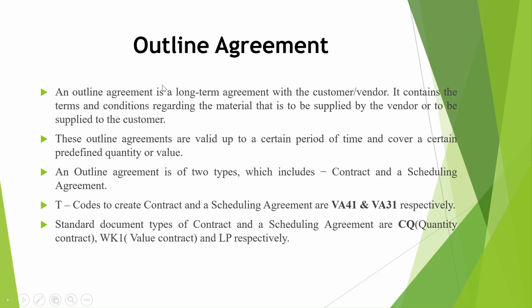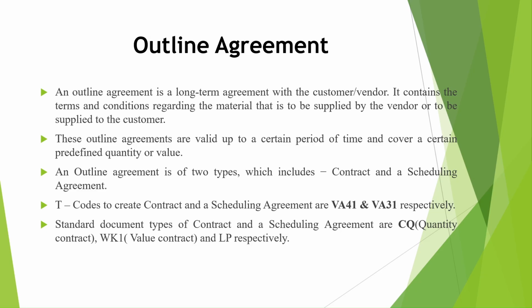Next we'll see outline agreement, which is nothing but a long-term deal. An outline agreement is a long-term agreement between the customer and the company, which is used when business happens regularly. There are two types of outline agreement, that is contract and scheduling agreement.